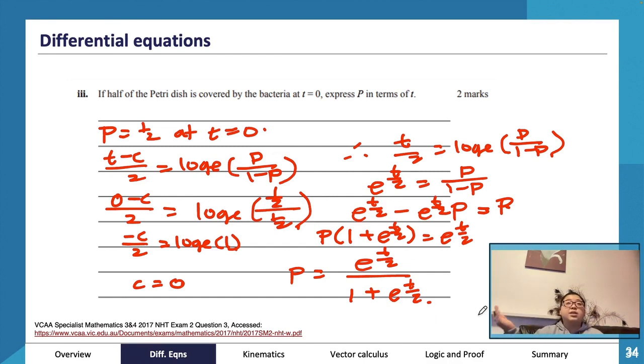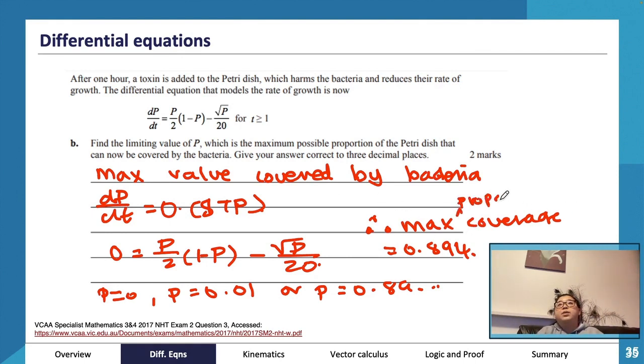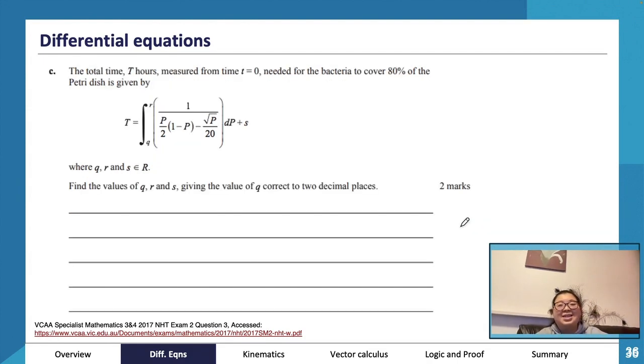So you know it's going to surpass that level. Therefore, the max coverage is going to be 0.894. You can just say max proportion coverage, or however you want to say it. There's not really a unit for this one, I guess, so you can just leave it as is.